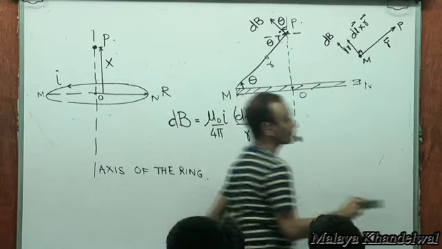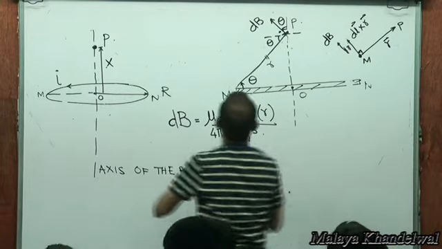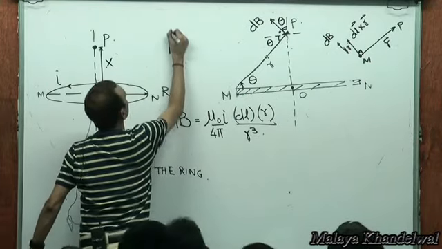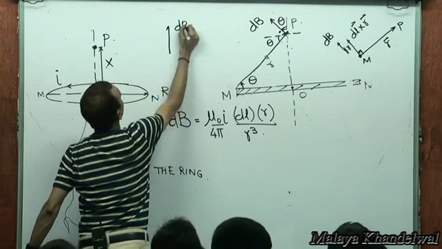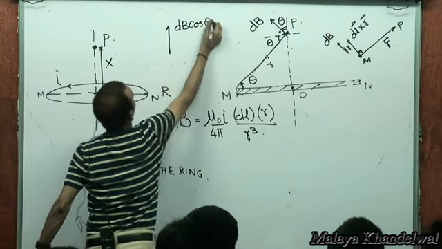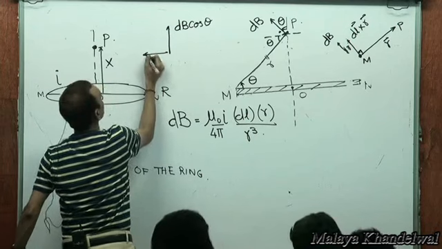So the dB is resolved as dB cos theta and dB sin theta.